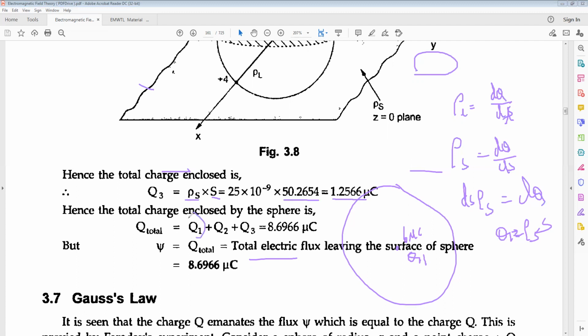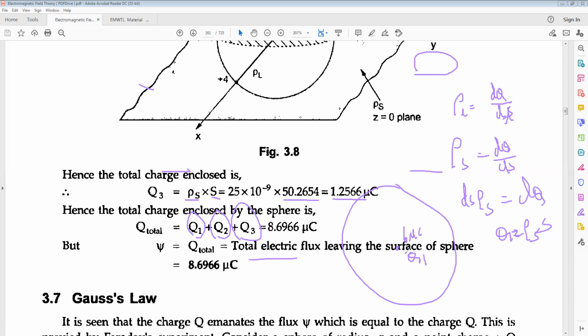For the point charge we got Q1, for the line charge we got Q2, and for the surface charge enclosed Q3. Total charge enclosed is nothing but the flux psi, which is equal to 8.69.